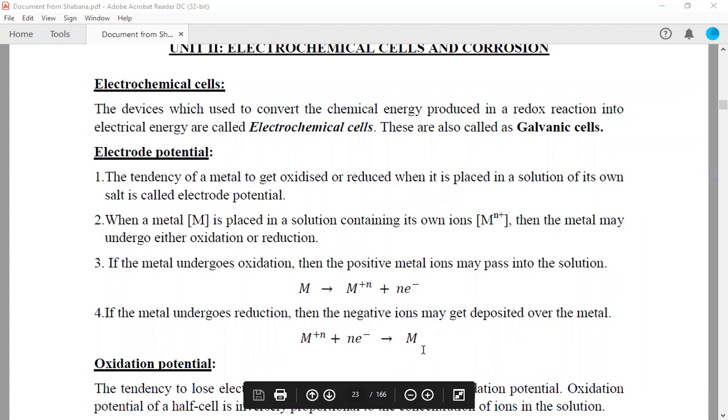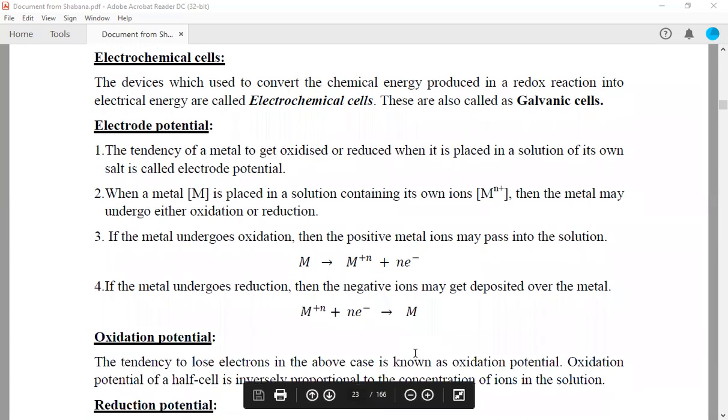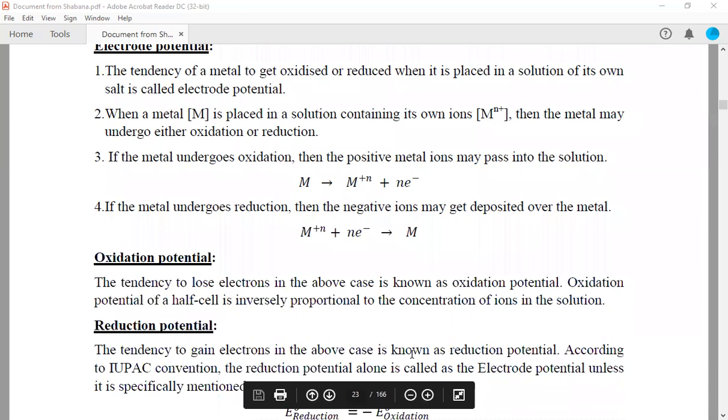So that is about the electrode potential. What is oxidation potential? Oxidation potential means the tendency to lose the electron.